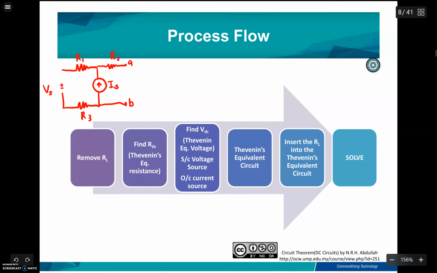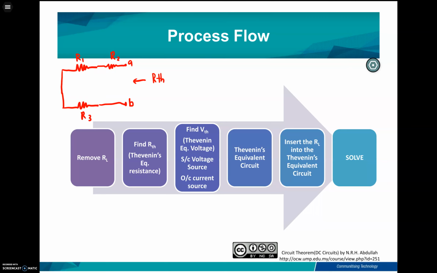So here you need to short circuit and then open circuit. Then you have to find the R Thevenin from the terminal AB. So the R Thevenin is equal to R1 in series with R2 and in series with R3.